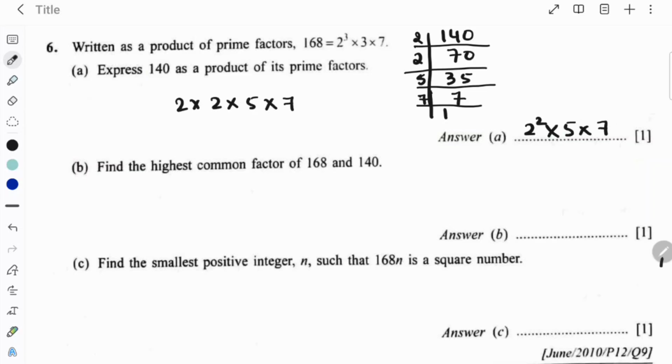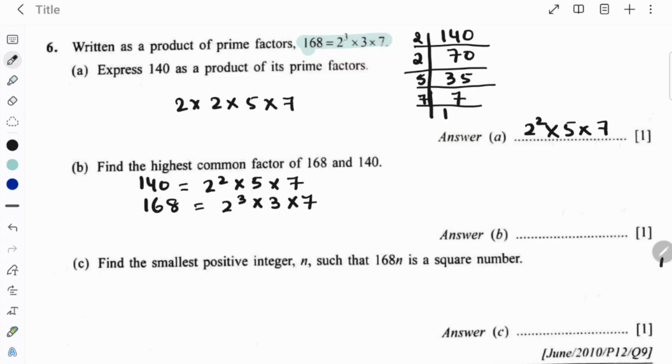In the next question, find the highest common factor of 168 and 140. In the highest common factor, we just take the smaller power, and in the LCM we keep the greater power. So 140 is equal to 2 squared into 5 into 7, and 168, which is given in the question, is equal to 2 cubed into 3 into 7.